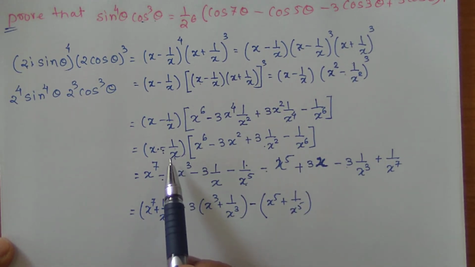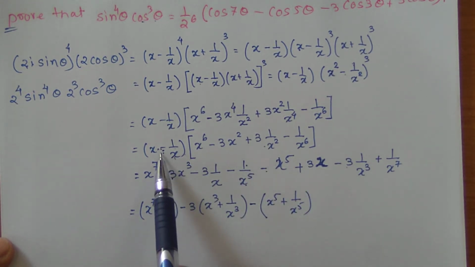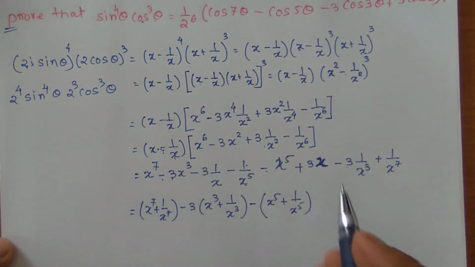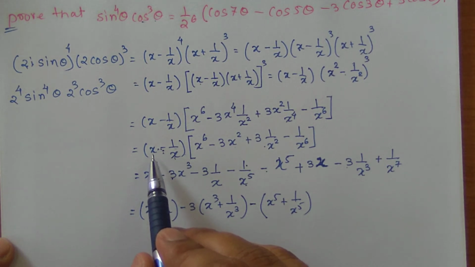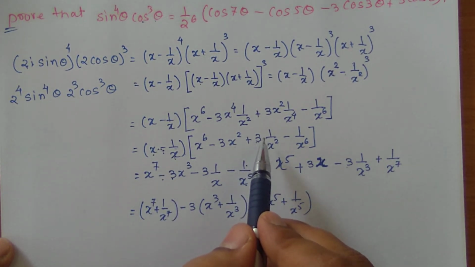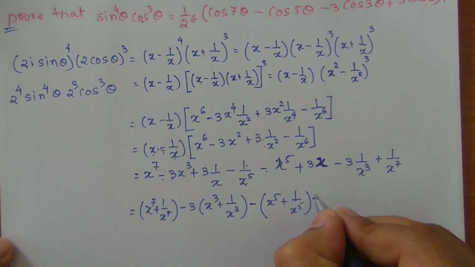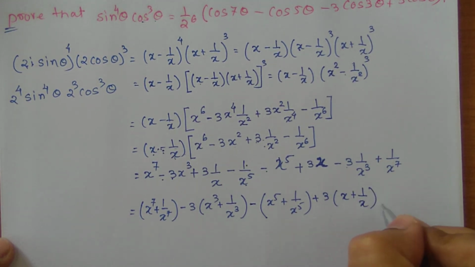Minus 1/x into minus, so minus minus become plus 3x. While doing this, x into this we are having 3 into x into 1/x^2, so this has to be plus. So plus 3 times (x + 1/x).